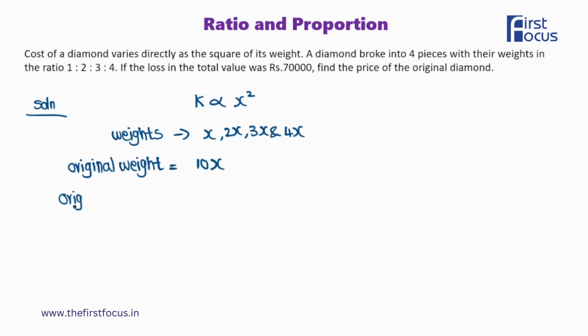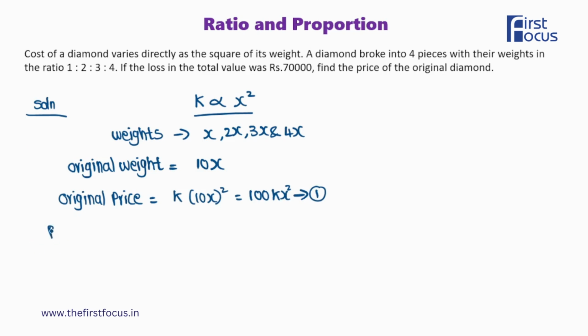We have to find the original price of the diamond. The original price of the diamond is, as per the condition, k into square of weight. Here the original weight square is 100x square, k into 10x square, which is equal to 100kx square. We can take this as equation 1.